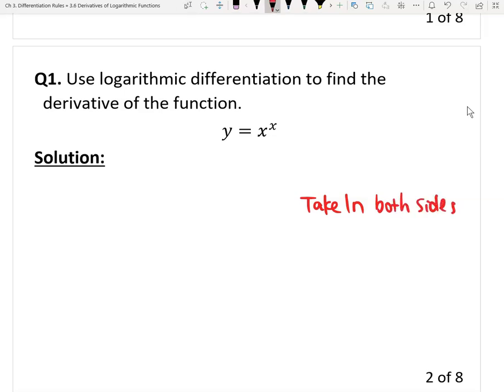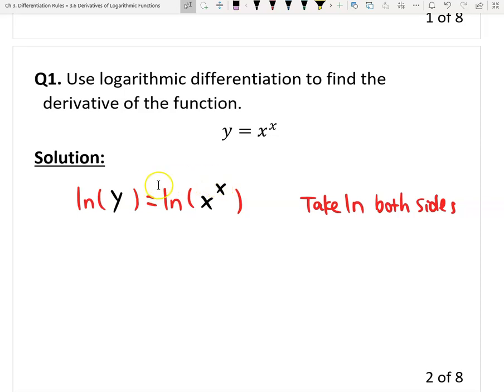After we take it, what do we get? We get ln of the left equals ln of the right: ln y on the left, and x raised to the x power on the right. This is taking the natural logarithm of both sides. The right term we can simplify by using the power rule.